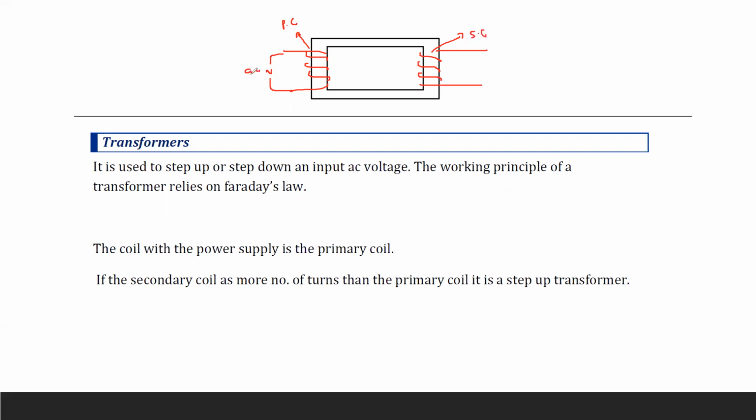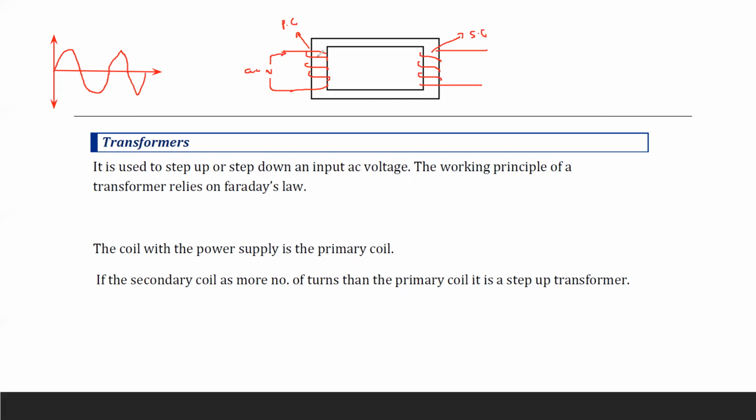We have an AC input, alternating input. The characteristic of AC input is that it is continuously changing its magnitude and direction. So current increases, then decreases, then increases, decreases, and reverses the direction. So there is a change in the magnetic field.